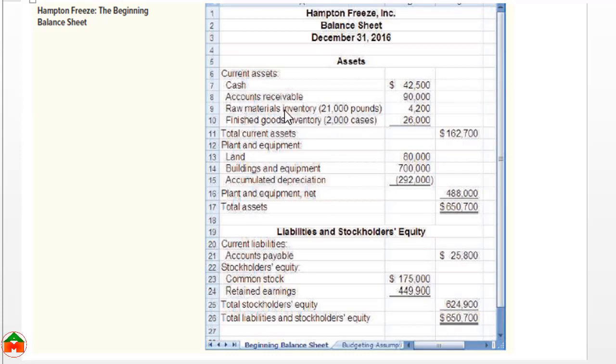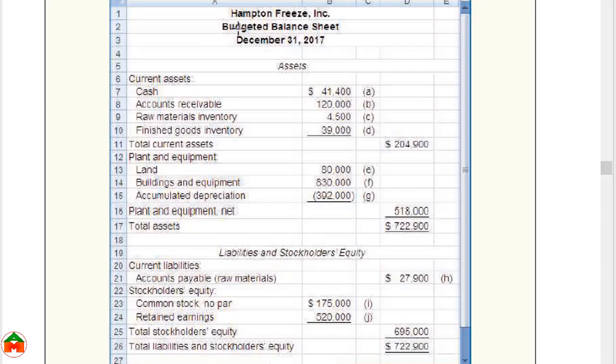This is the balance sheet with the opening balance, but we are going to prepare the budgeted balance sheet with the closing balance. This is the budgeted balance sheet, and in the first line we will write the cash balance, and this cash balance will be taken from the cash budget. Here we can see our closing cash balance is 41,400.